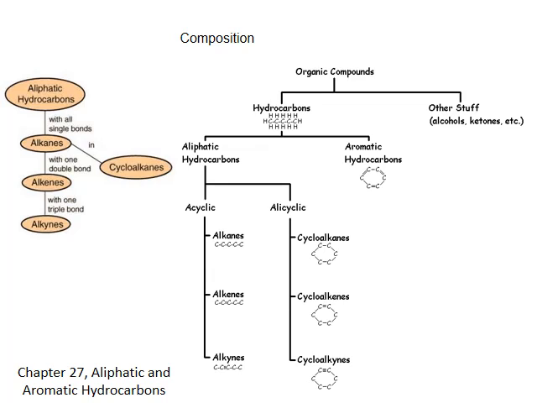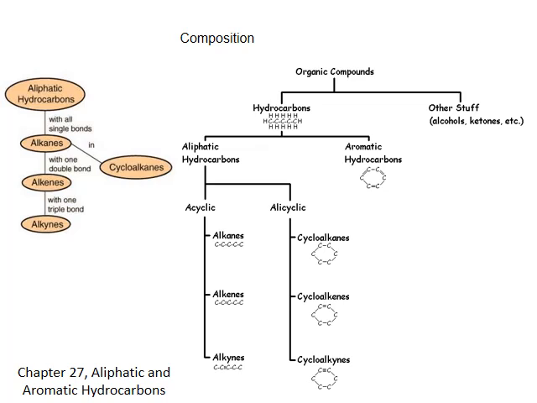And then, if we have cyclic forms of these aliphatic hydrocarbons, we'd call them, for example, cycloalkanes or cycloalkenes or cycloalkynes. And so these are all different types of aliphatic. And the major difference between the aliphatics and the aromatics is that the aromatic hydrocarbons allow nice electron delocalization around a ring structure.